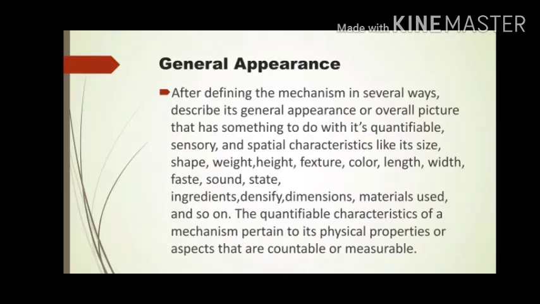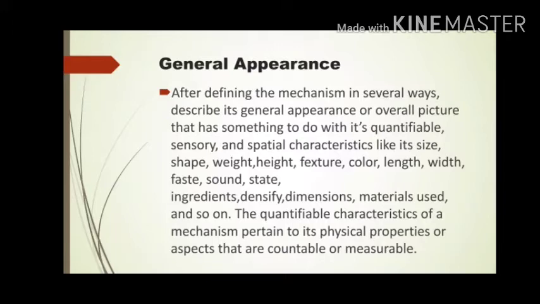After defining the mechanism in several ways, describe its general appearance or overall picture that has something to do with its quantifiable, sensory, and special characteristics like its shape, size, weight, height, texture, color, length, width, taste, sound, state, ingredients, density, dimensions, materials used, and so on.